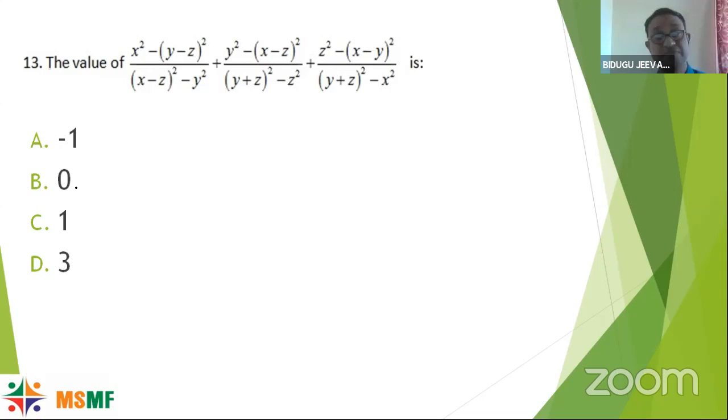Here it is plus. The symbol is plus. Here is x. Right. Come on, start doing this. Simple simplification.